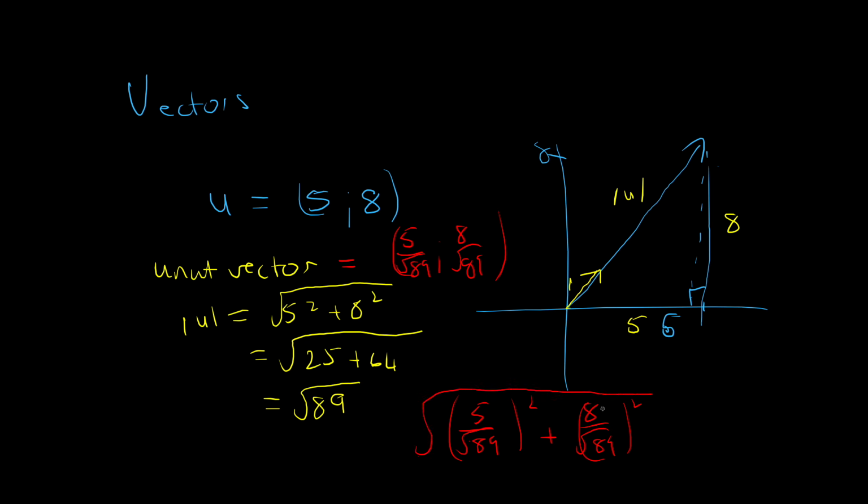And we know this is going to be 25 over 89 plus 64 over 89. If we add these two together, we will get 89 divided by 89, square root, so this will be 1. So you can see the magnitude of your unit vector would be 1.